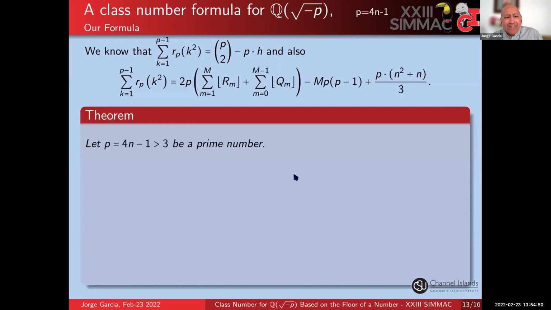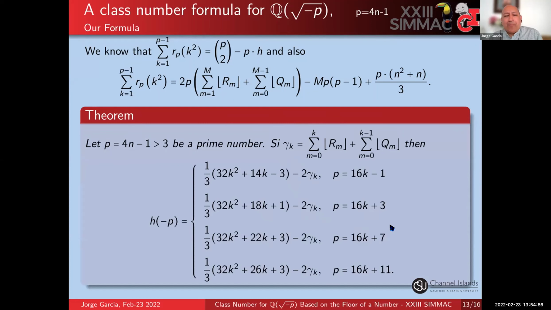After renaming this sum right here as gamma k, we can solve for h, and it happens that h has this expression. Now, you tell me, do you think this formula is very complicated, like the one from Dedekind or Dirichlet? No, this is something that you can grasp because it's based on the floor of a number, right? So it's a beautiful formula, at least I see it that way.